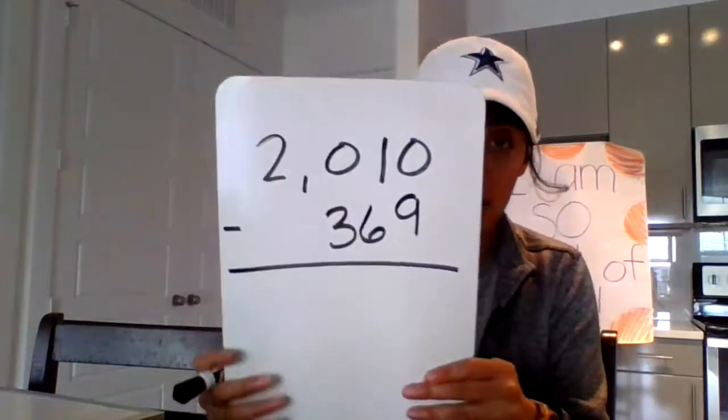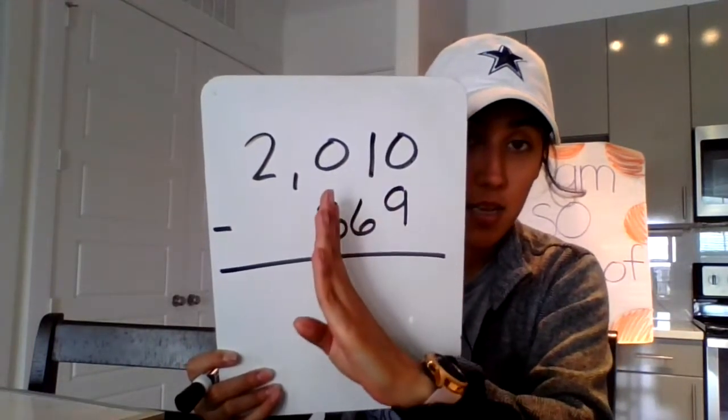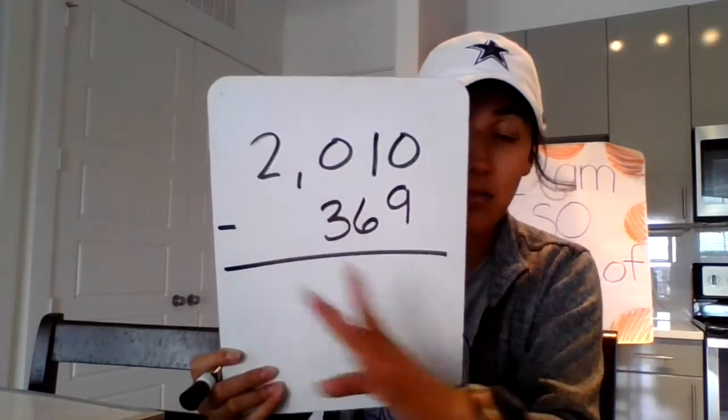So let's subtract. 2010, make sure the bigger number always goes on top. 2010 minus 369. And make sure you are lining up your numbers by place value, like this. Ones place, tens place, hundreds place, thousands place.